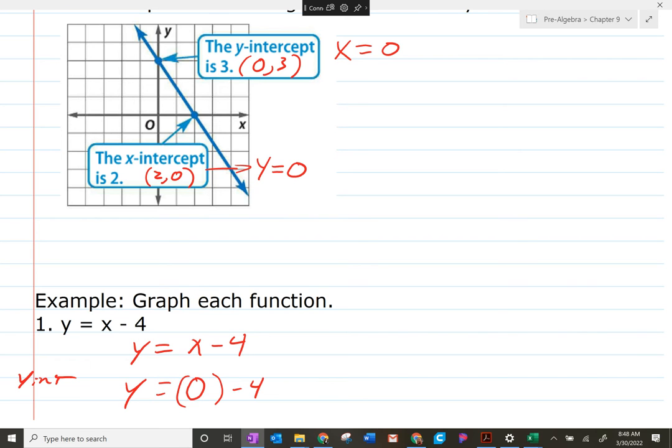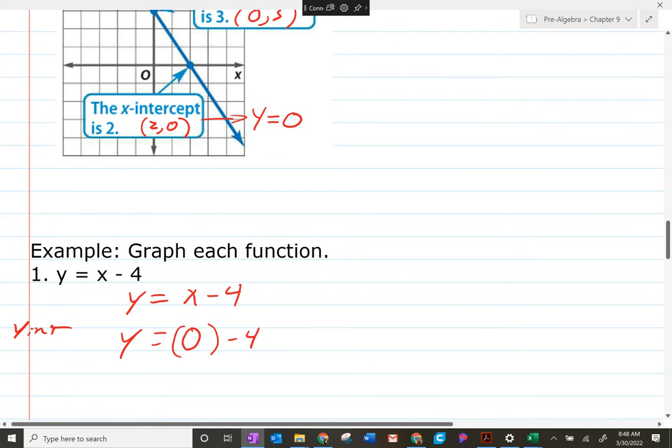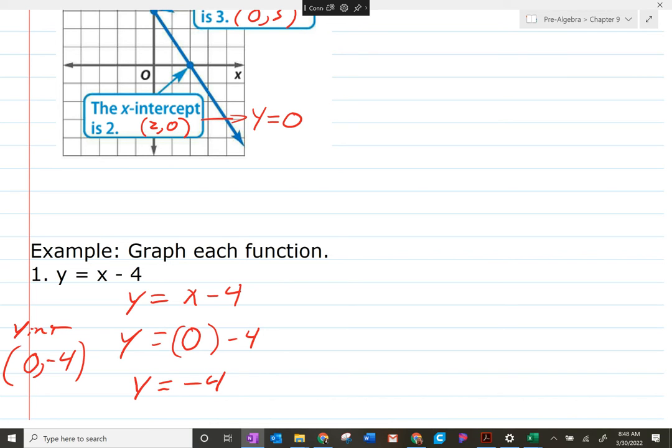And then what's 0 minus 4? Negative 4. If I put a 0 in there, that tells me that y equals negative 4. So for my y-intercept, the point I will put down is 0, comma, negative 4, because all I did is substitute in 0 for the value of x.